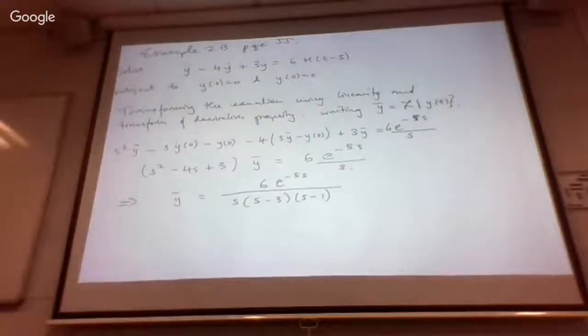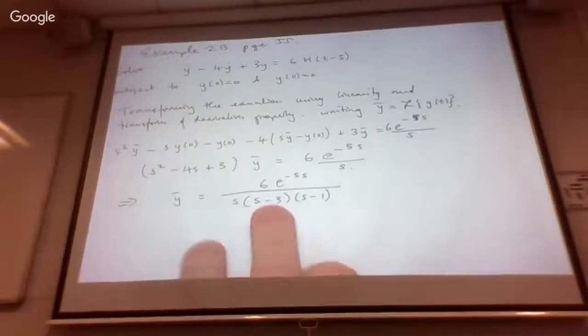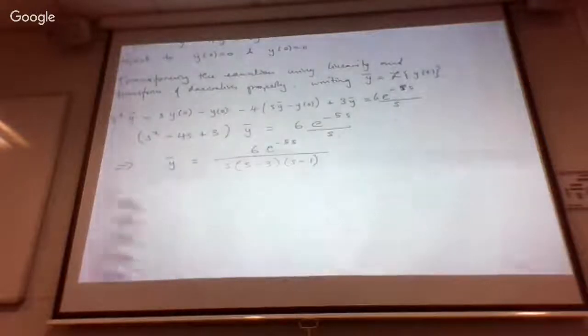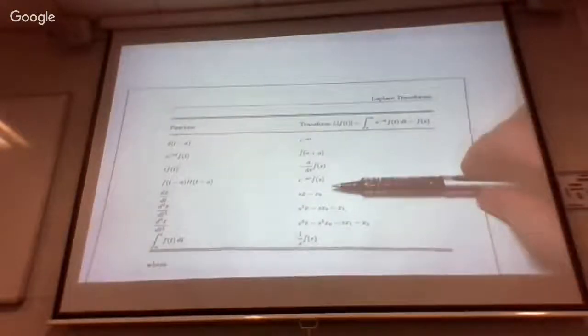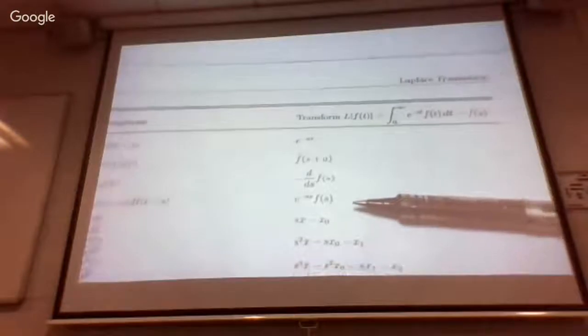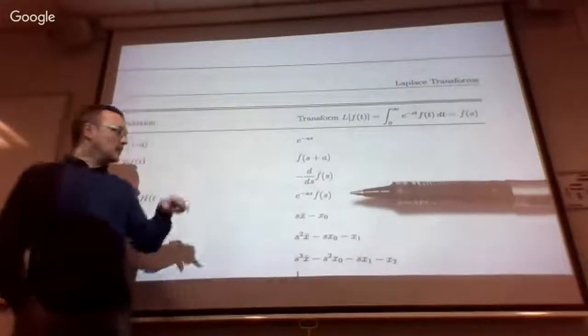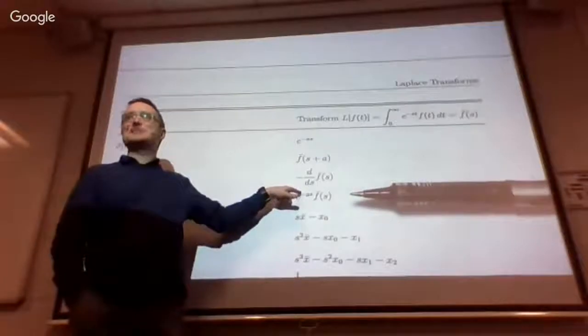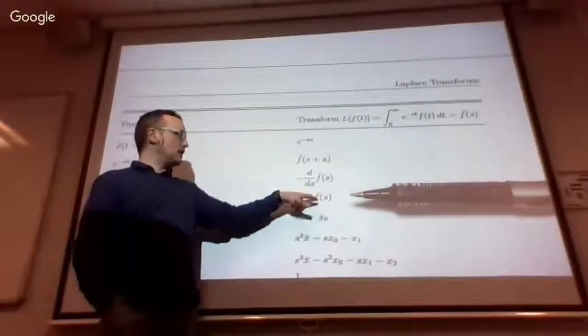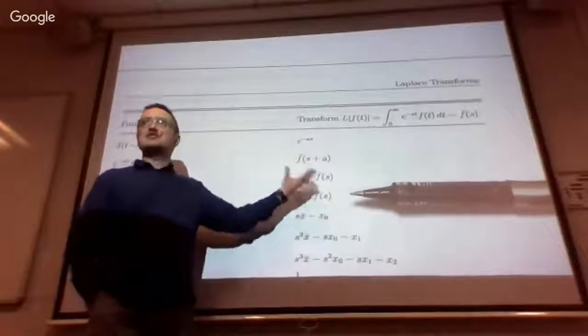So that is going to cause the appearance of the Heaviside step function in our solution. What we're looking at here in y bar is really an instance of theorem, whatever it was, 2.5. What we're looking at in our expression y bar is an exponential, e to the minus 5s, multiplied by an f bar, a transform of something.